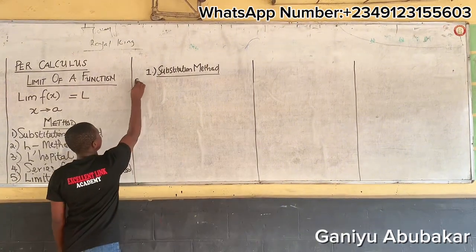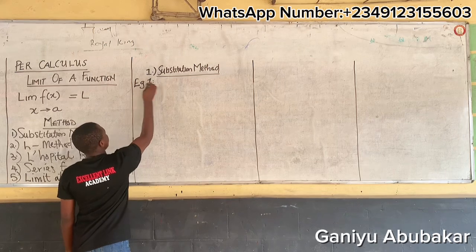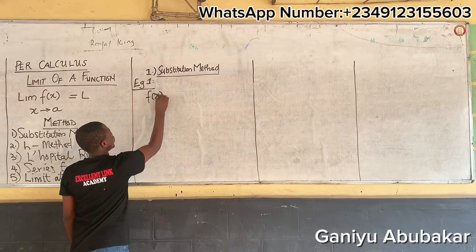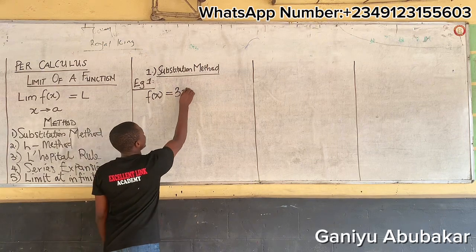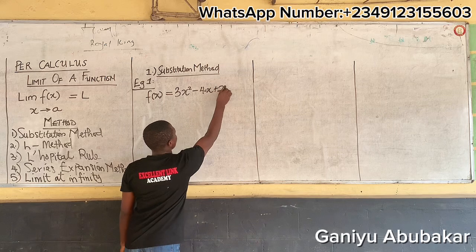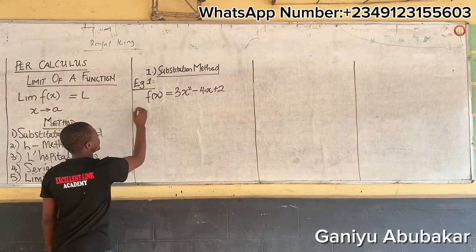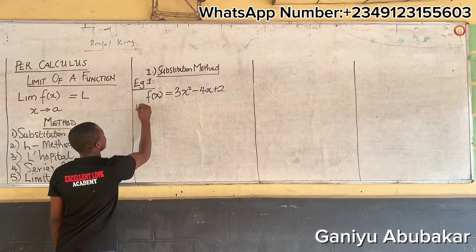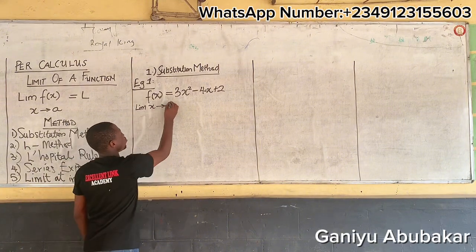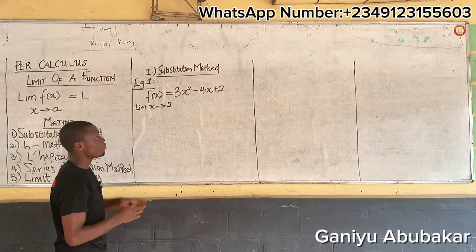Let's say I have a function f of x equal to 3x squared minus 4x plus 2, and I'm given the limit as x tends to, or perhaps approaches, 2. How do you solve this problem?